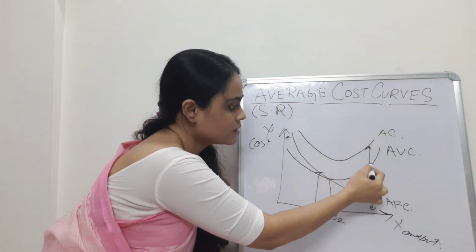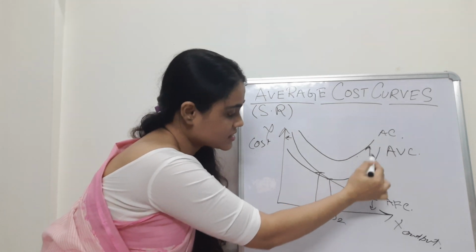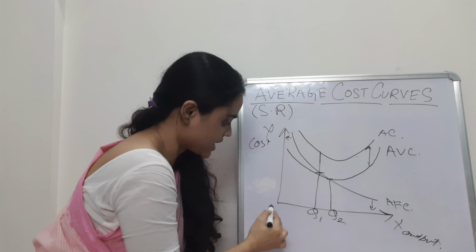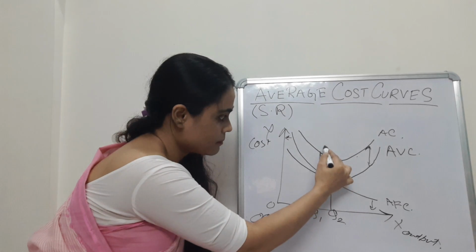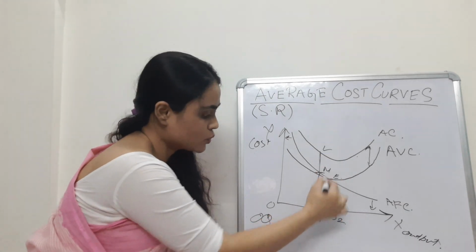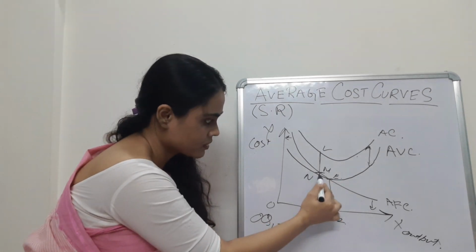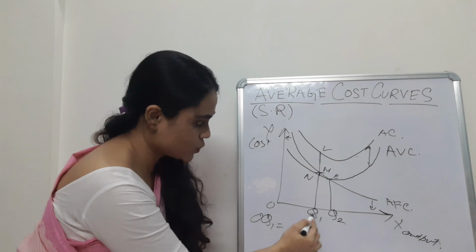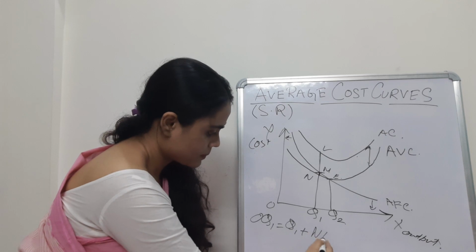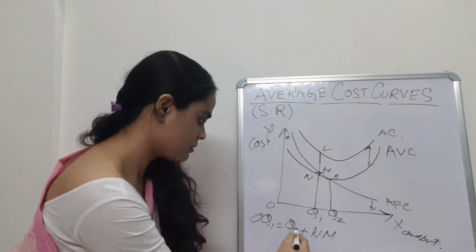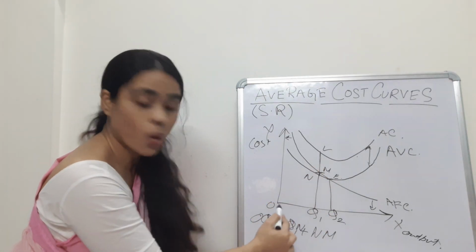The distance between average variable cost and average cost will be decreasing. This vertical distance, from OQ1, let's say point M, this is E, and this point is N. So there is a little distance: Q1N plus NM will be the distance between them.